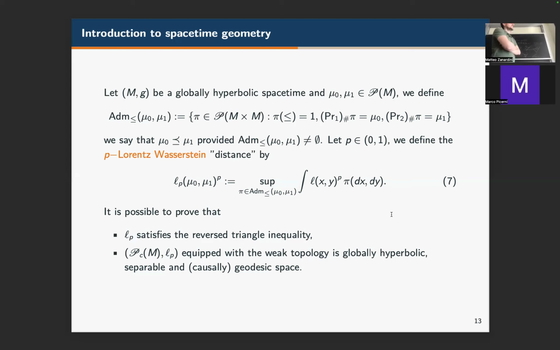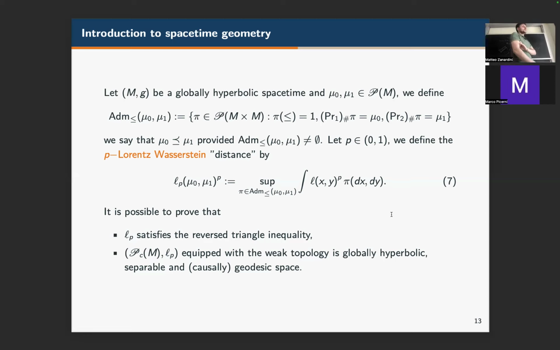It is not really a distance because it does not satisfy the triangle inequality. As we have seen, the time separation L does not satisfy the triangle inequality; this will satisfy the reverse triangle inequality. And you take precisely the Kantorovich problem with a supremum instead of an infimum, where the cost function is the time separation raised to the power p.